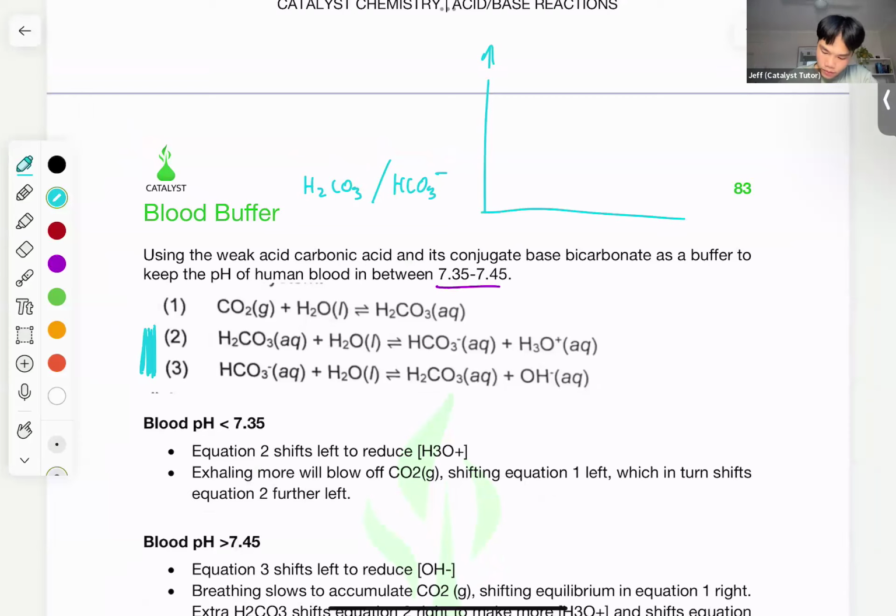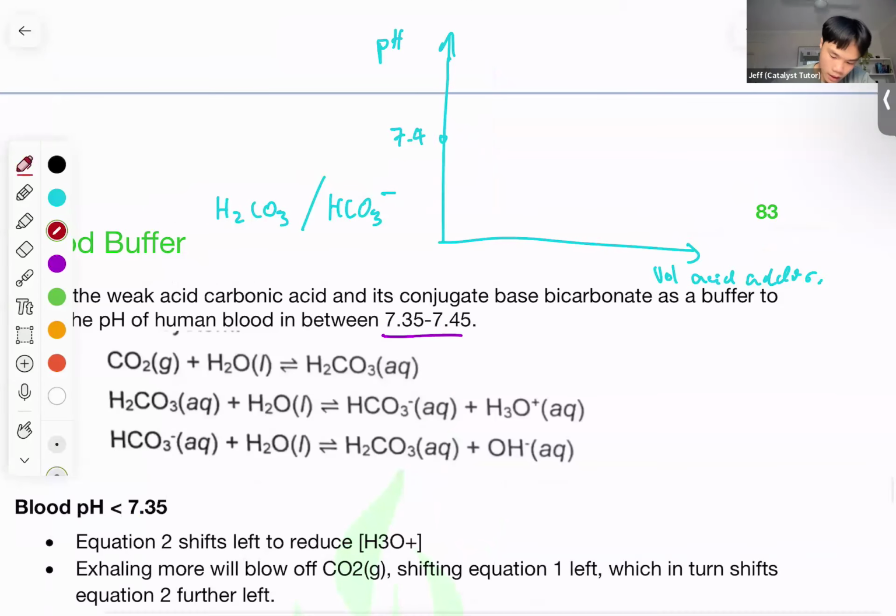So to draw a graph, if you had this buffer in solution, your pH would start, let's say, at 7.4. What do we expect to happen if we add in an acid? What should happen to pH? It goes down. It does. Doesn't go down by much. I'll draw a few curves.